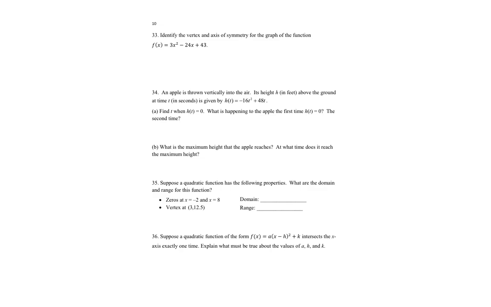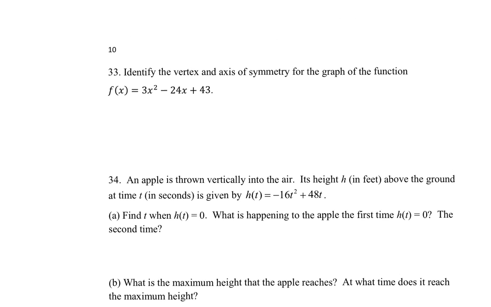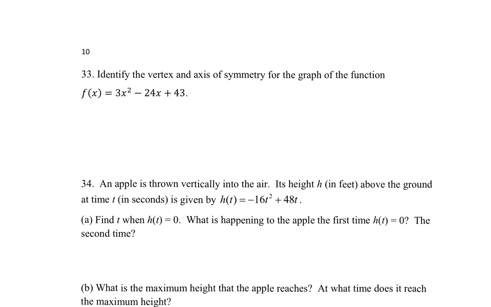Okay, so now for problem 33, we want to identify the vertex and axis of symmetry for the graph of the function f of x equals 3x squared minus 24x plus 43. Now, first I'm going to go ahead and find the axis of symmetry.